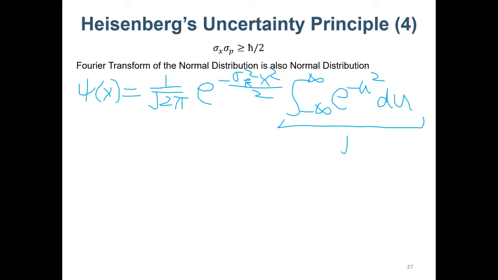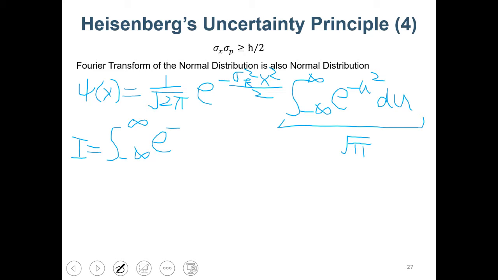This term is actually square root of pi because you can just simply assume it to be like this. U is a dummy variable, so it can be dx or dy or dz, whatsoever.